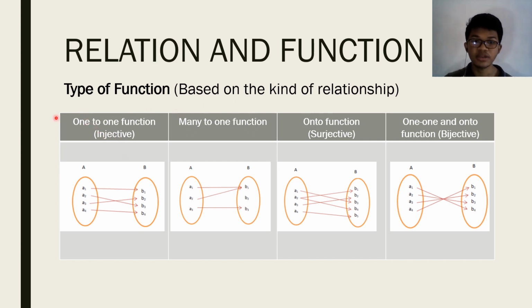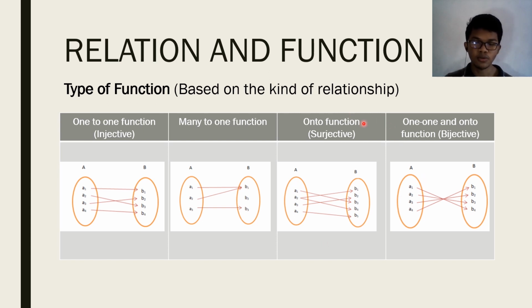Now is another type of function based on the kind of relationship that the elements of the two sets have with each other. There are mainly 4 types of function. The first is one-to-one function or injective. For each element in the domain, there is one and only one element in the range. The second is many-to-one function, when 2 or more elements from the domain are mapped to the same single element in the range.